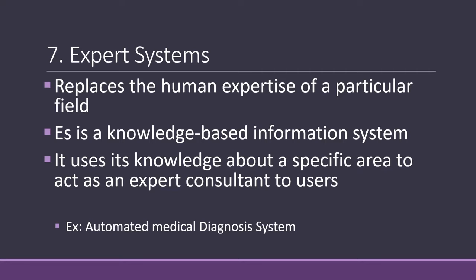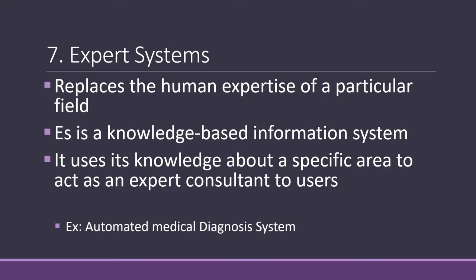So if we can formulate the knowledge of the experts into an information system, then it is easy for the people. So an expert system is a knowledge-based information system which helps and acts as an expert consultant in a specific area to the users who are using the expert systems.